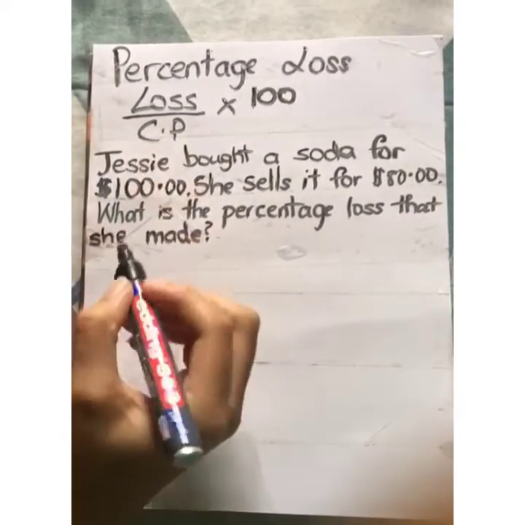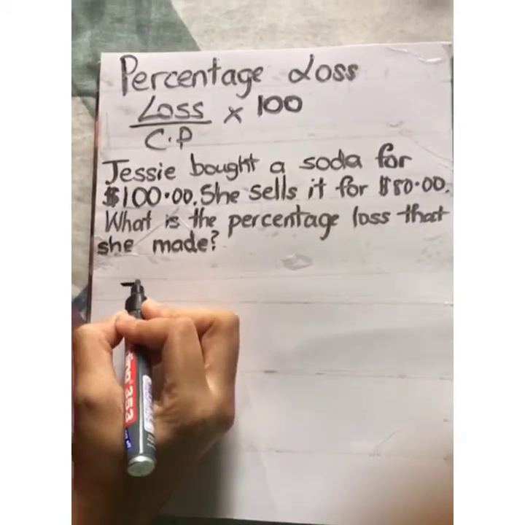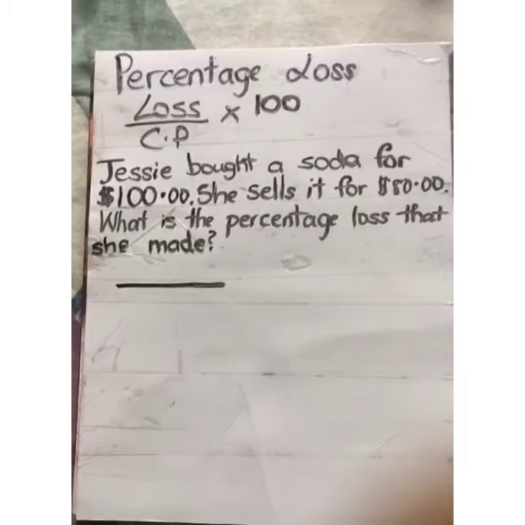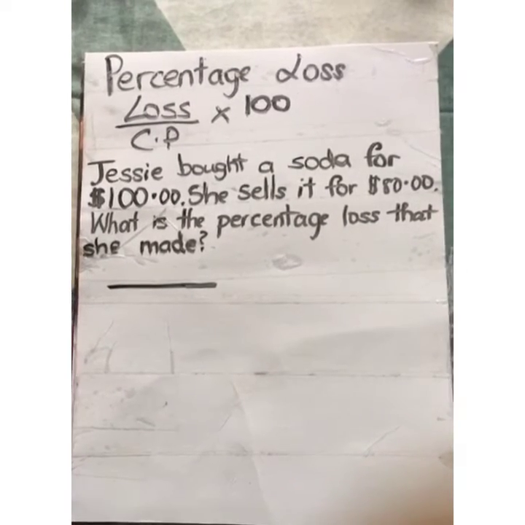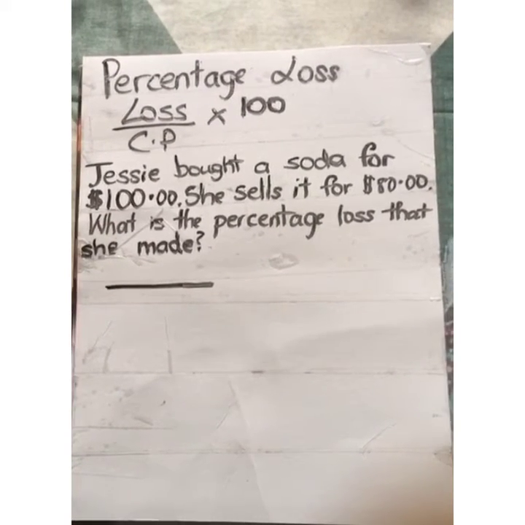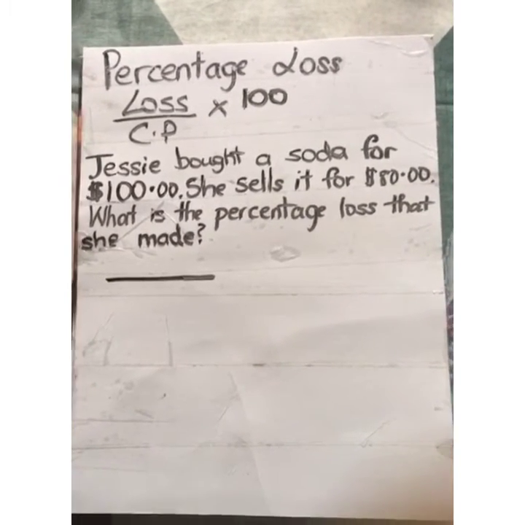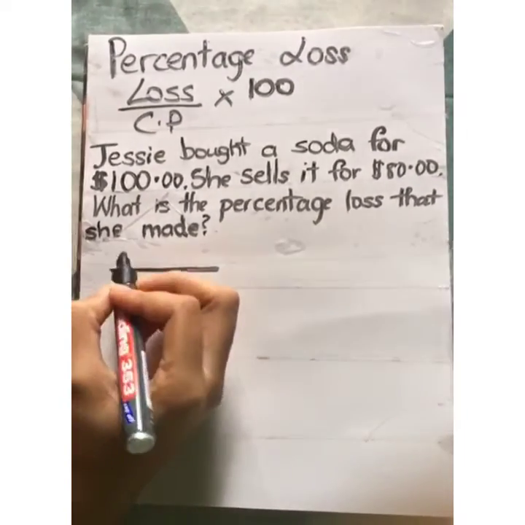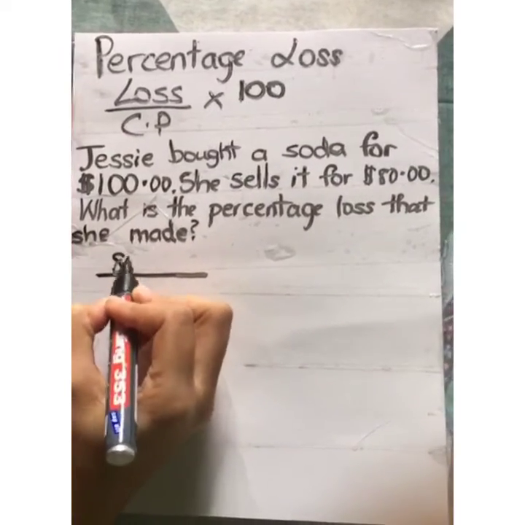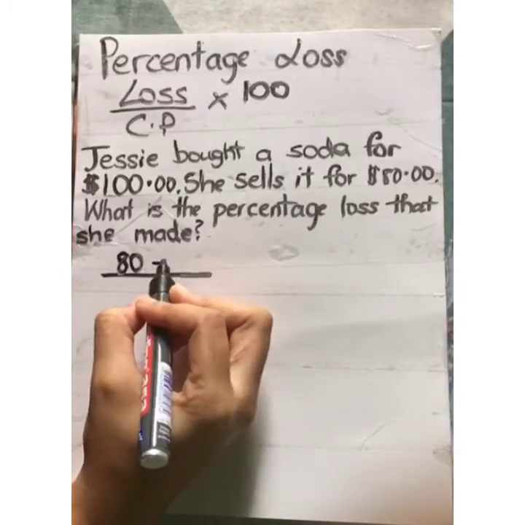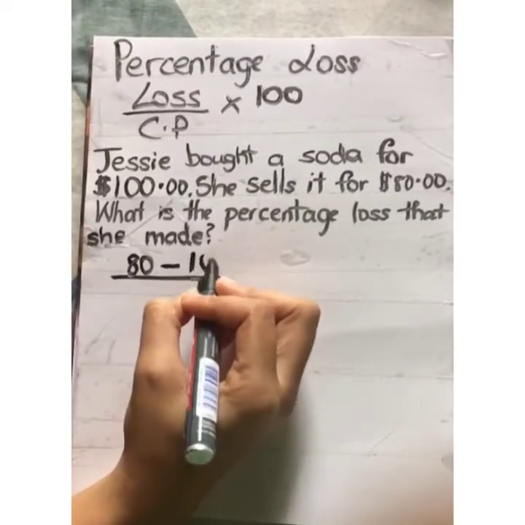So, just like before, we will need to know the formula for loss. And in the previous video, we mentioned that loss has to do with selling price minus the cost price. The selling price in this case would be the $80. And the cost price would be the $100.